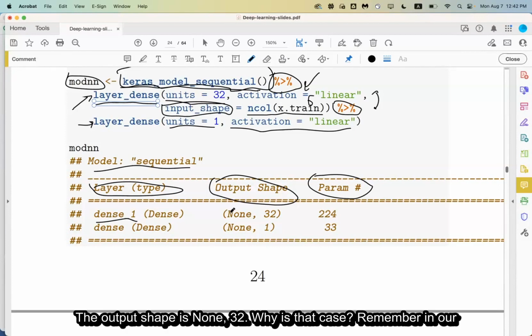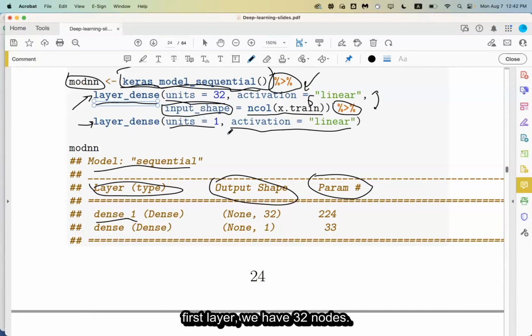The output shape is 32. That's the case because, remember, in our first layer we have 32 nodes, right? Our input shape, we have 6 columns.